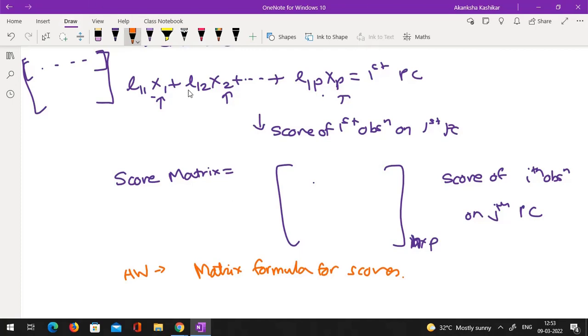Once I have the score matrix, we use the first two columns of that score matrix. So these are the scores for observation 1, observation 2, up to observation n, and PC1, PC2 up to PCp.